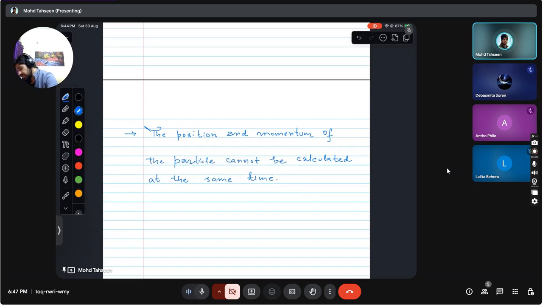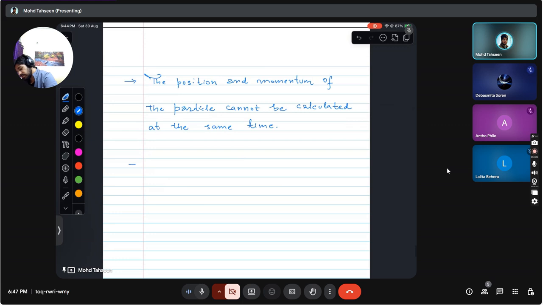So one thing that we need to take care of and that we need to remember always is that this statement or this principle has nothing to do with experiments. Okay, that's the first point.